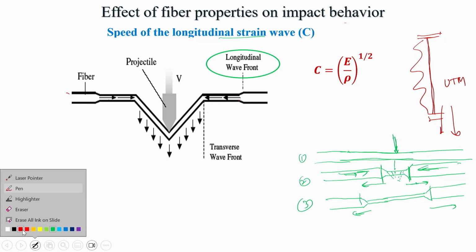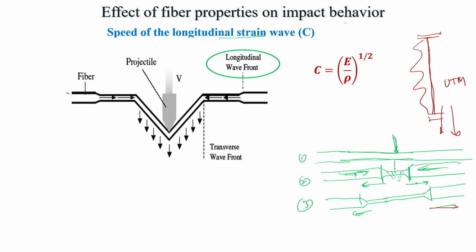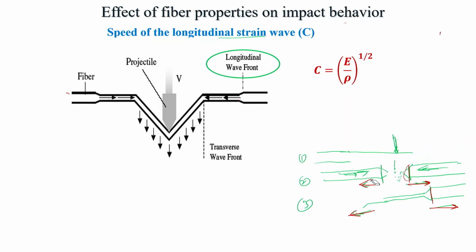So, I will draw in the other color. This is the strain wave direction. The speed of this wave depends on the fiber characteristics.